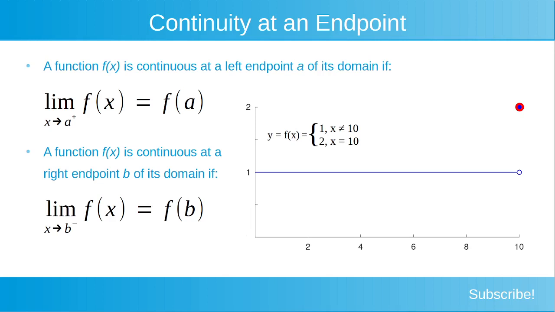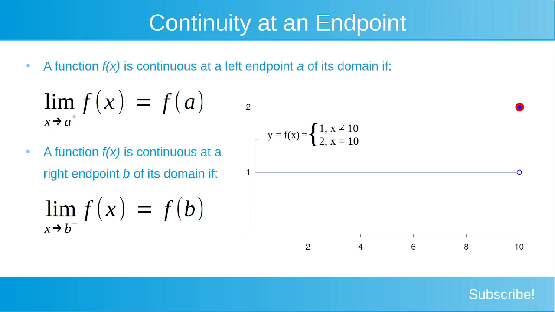The one-sided limit as x approaches b from the negative side of f of x is a particular type of one-sided limit referred to as a left-hand limit. It's the value that our function approaches as x approaches 10 from the negative side. And the value that our function approaches is 1.